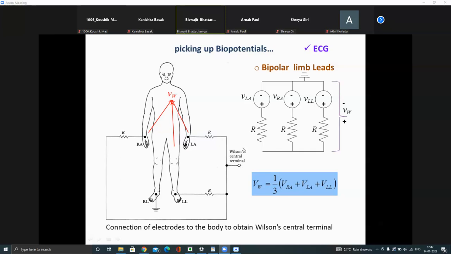It is nothing but the average of the three lead voltages, and it is located centrally at the heart. So VRA, VLA, VLL, their average, is called the Wilson central terminal voltage.